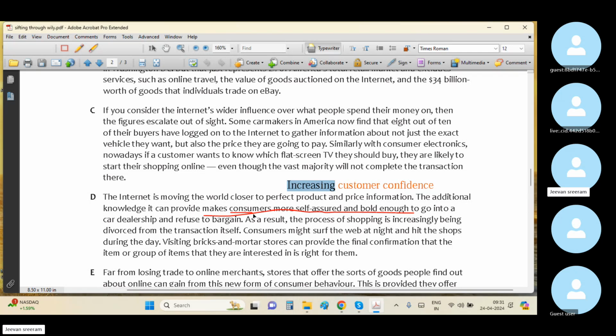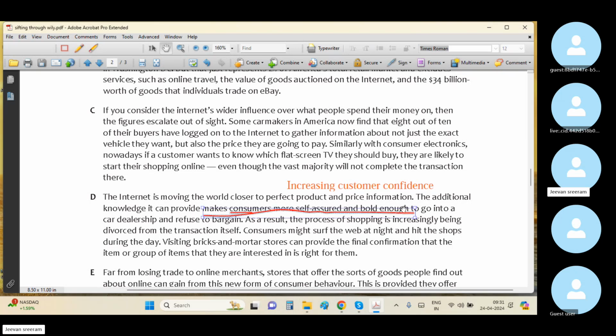Customer. For customer, we have consumer here. Confidence. Confidence is a noun. For the same sense, we have self-assured and bold enough. These are adjectives. So he has changed vocabulary, right? And also their forms. Confidence is actually a noun. Self-assured and bold are adjectives, but giving the same sense.